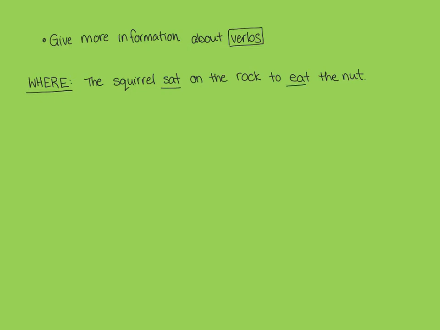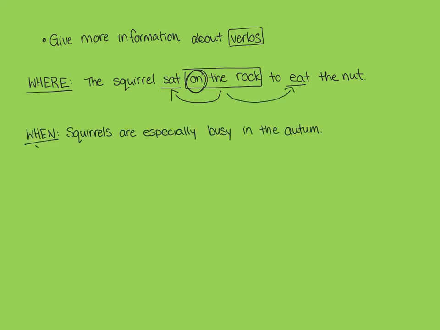It sat and it ate. Both of these happen on the rock. So this is our prepositional phrase because on is our preposition. So this would be modifying where it sat. Could also modify where it eats.